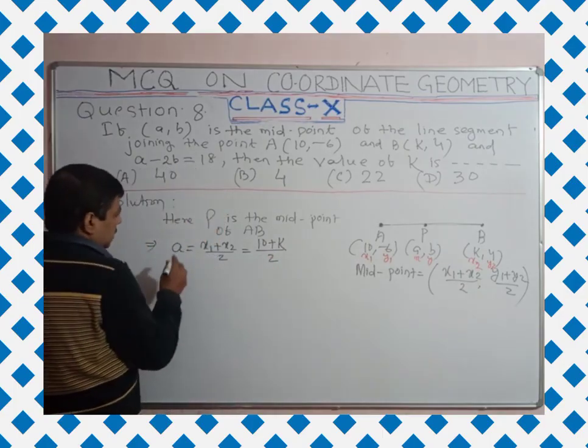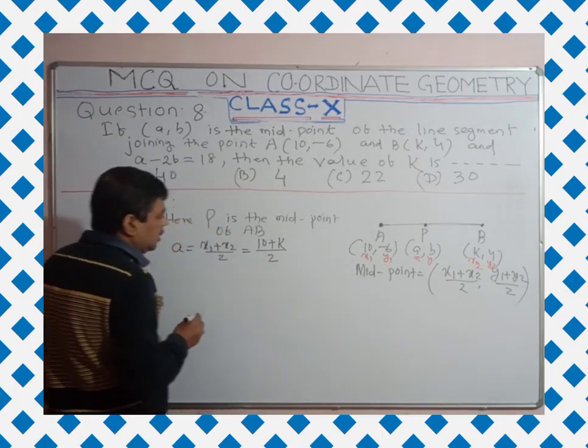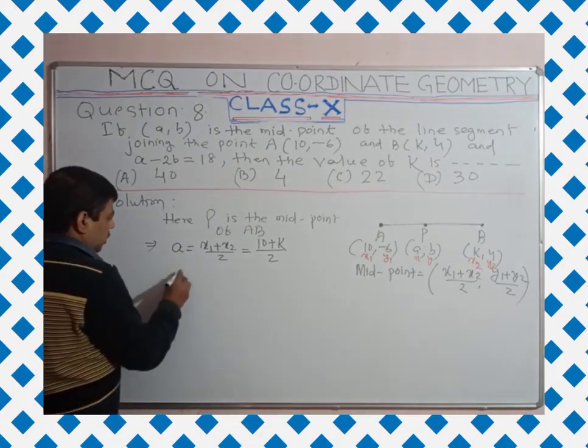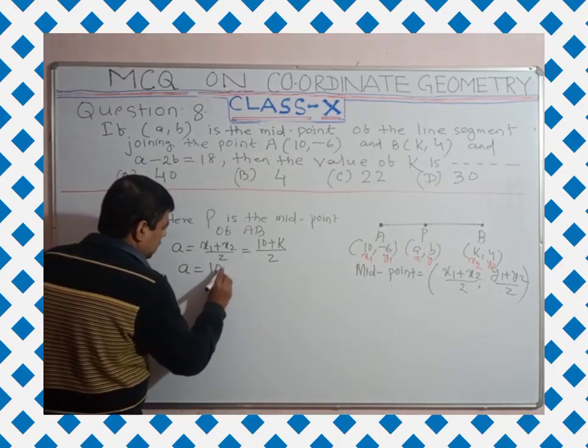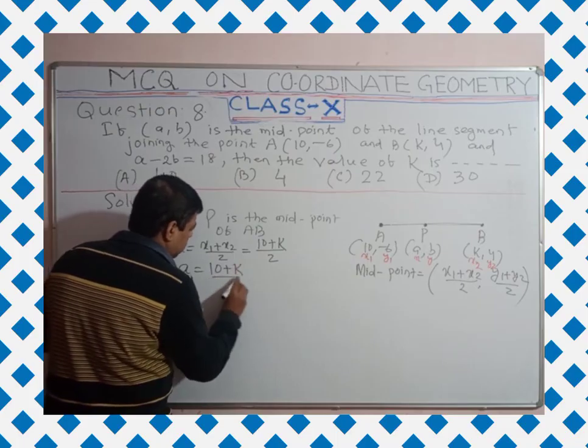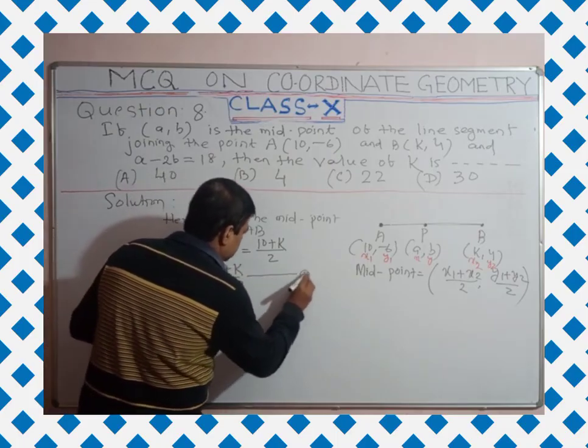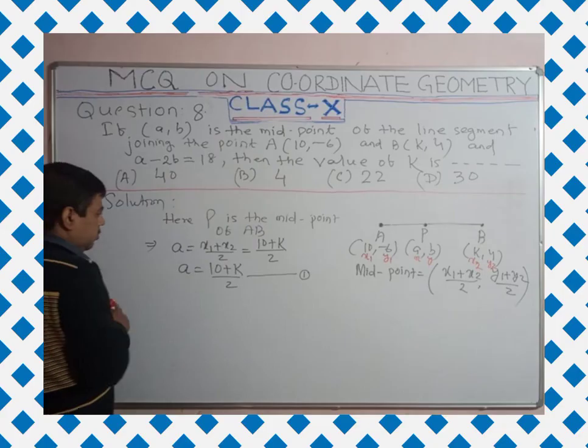That implies a is equal to 10 plus k by 2. Yes or no? This is the first condition, the value of a we got.